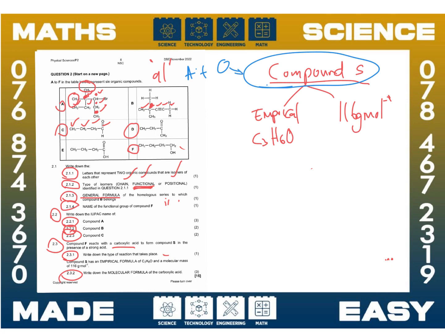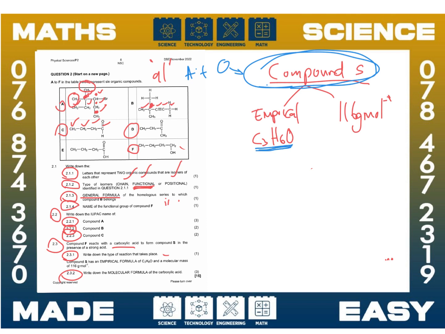So if we need the molecular formula for the carboxylic acid, we can start by finding the molecular formula of this compound S.